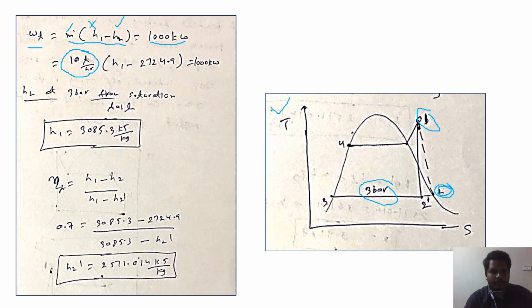So enthalpy at point 2 at given pressure 3 bar from the saturation steam table, the value is 2724.9. Now once you substitute all the values in this equation, we can find the enthalpy at point 1, that is 3085.3 kilojoule per kg.